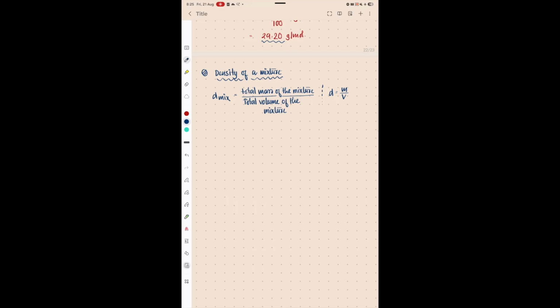Now the mass of the mixture is an additive property, right? And the volume of the mixture is also an additive property. So by these we find the properties which are not additive, right? Okay, so this is the formula you also need to remember or understand basically.